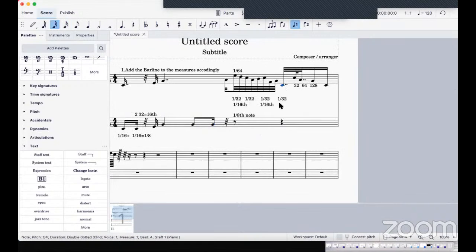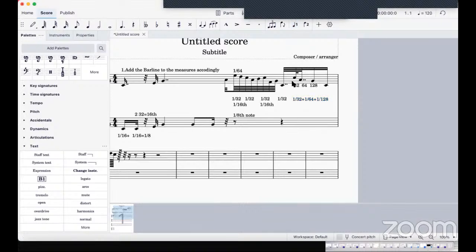Now let's see those here. One double dot 32nd note. That double dot is 1/32 plus 1/64 plus 1/128.